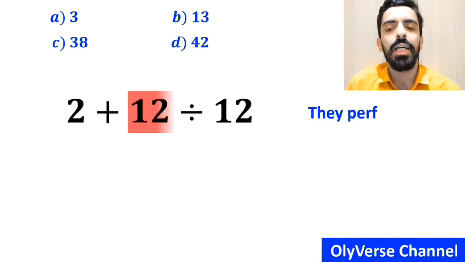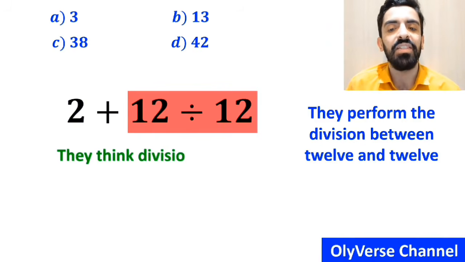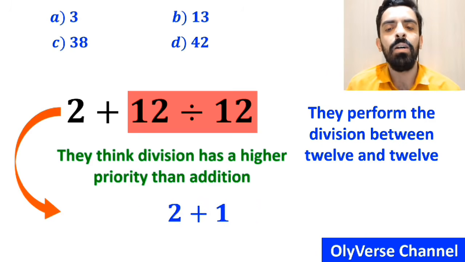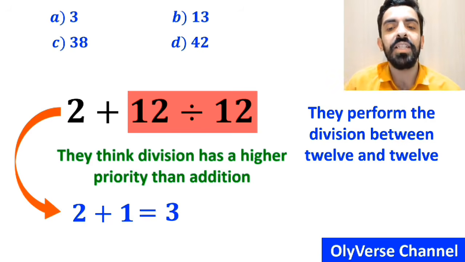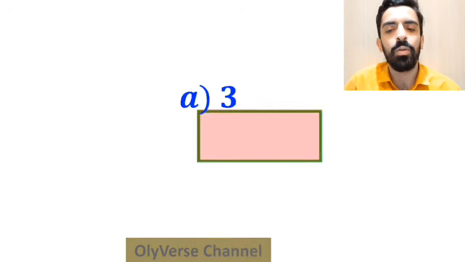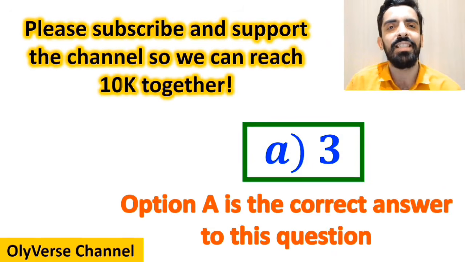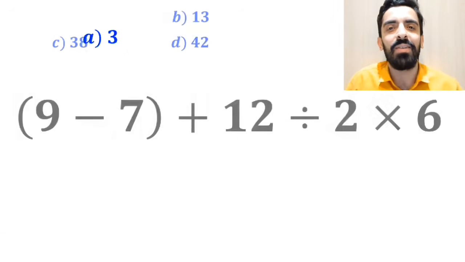And in the final step, they perform the division between 12 and 12 because they think division has a higher priority than addition. So, they simplify this expression to 2 plus 1, which ultimately gives them the answer 3. And immediately, they conclude that option A is the correct answer to this question. However, this answer is absolutely wrong.